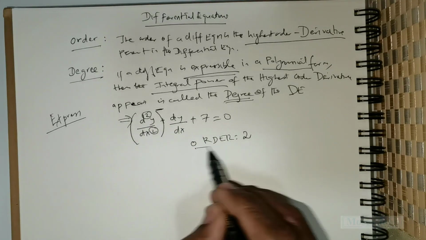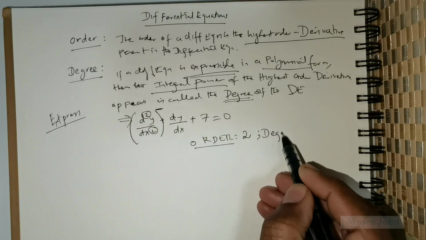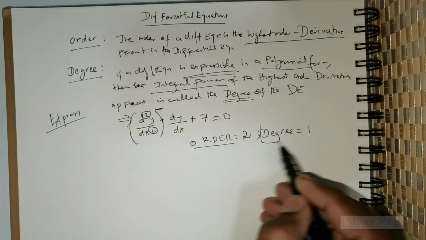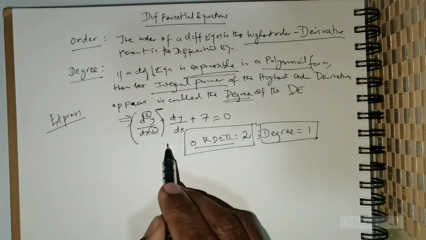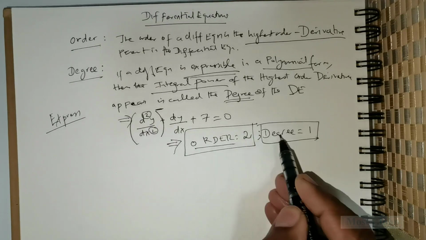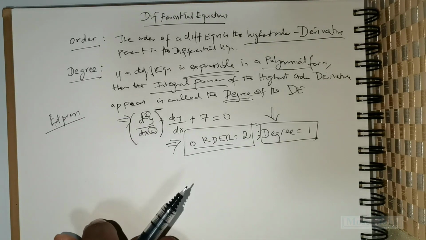So in this case the order is 2, but the degree is 1. You follow me? So you have to start with the order and then get the degree. Have that in mind.